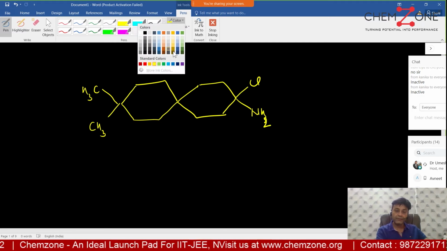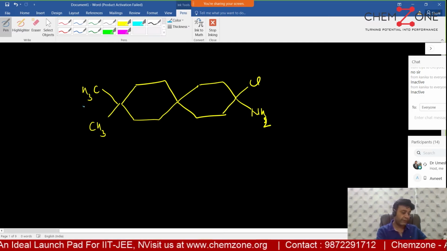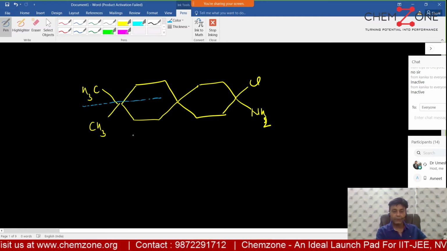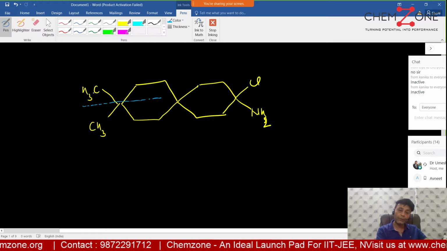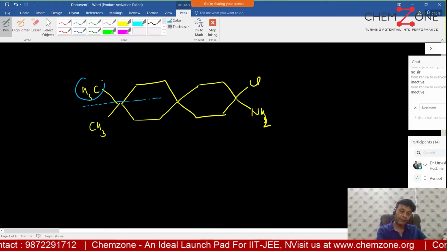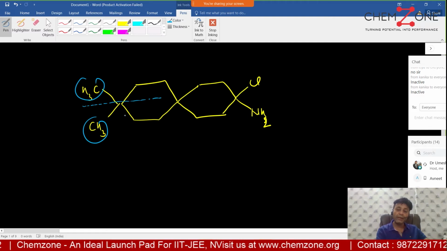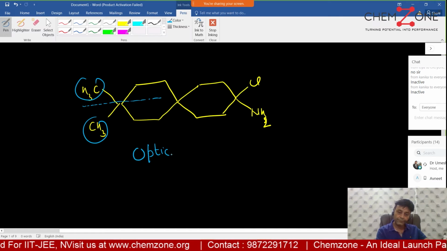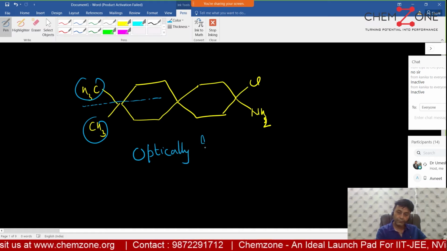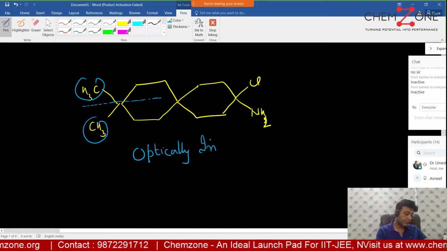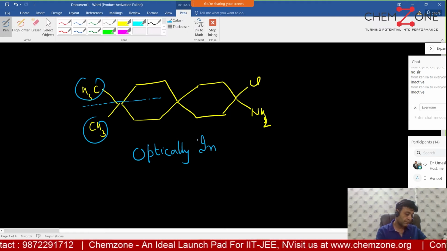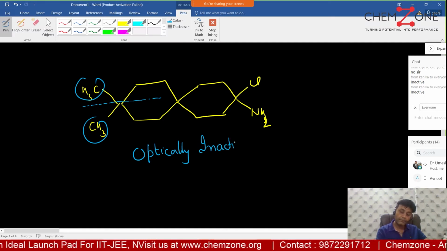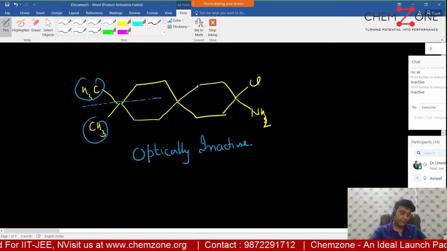And here we find along this axis, this part of the molecule is symmetric because two are same on the same carbon atom, methyl same, and become symmetric now. This is optically inactive. Is that clear?